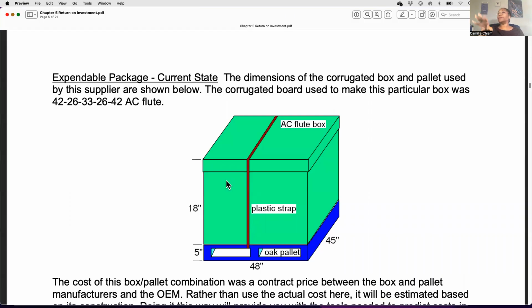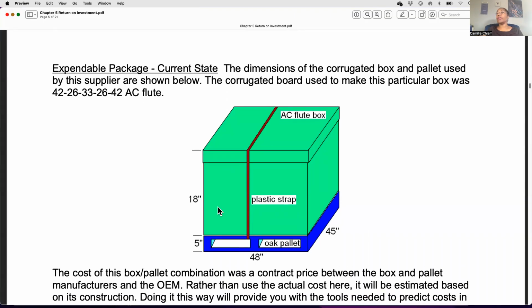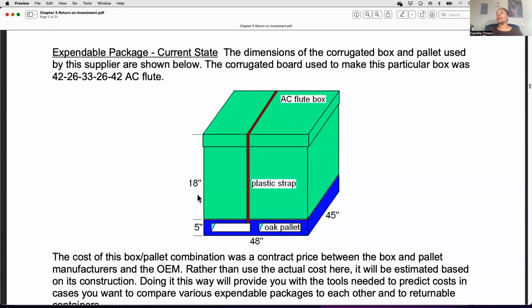So you can see here some basic dimensions of the box. It's an AC flute, so it's 42, 26, 36, 33, 26, 42 flute, right? And then it is 18 inches tall. That pallet is a standard 5-inch pallet, and it's 48 by 45.